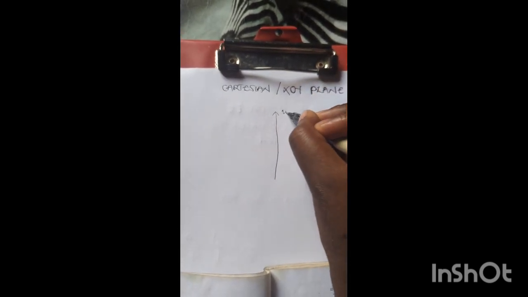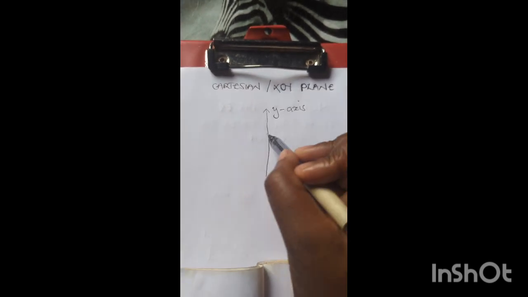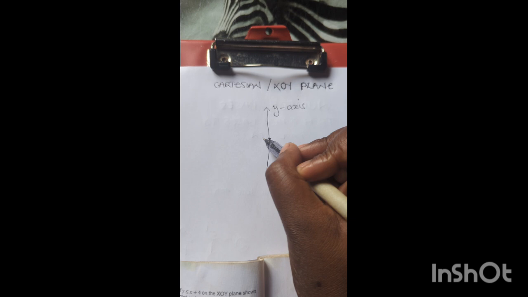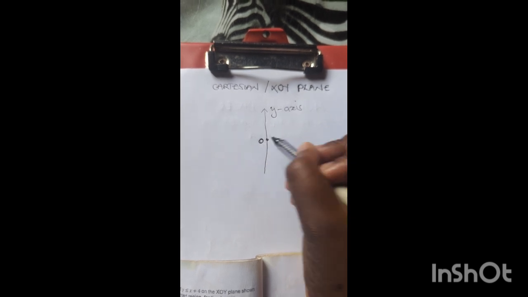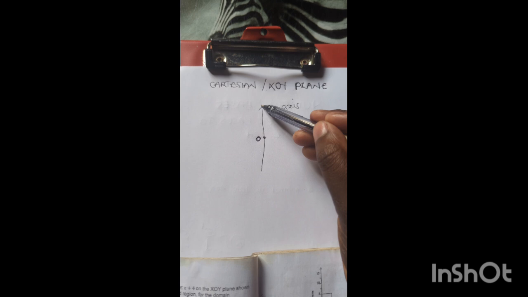The y-axis has two parts, the upper part and the lower part. You have a point here which is 0, or the origin. From 0 all the way to the top, they are positive numbers. Then from 0 going down, there will be negative numbers.